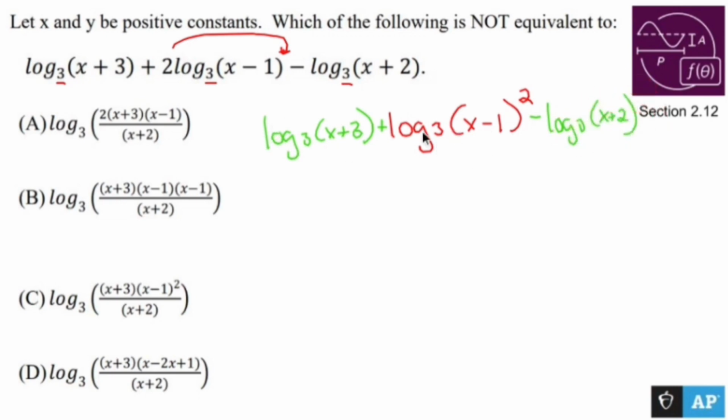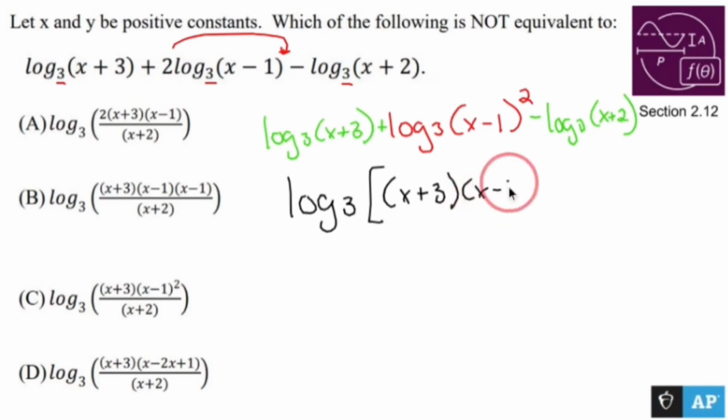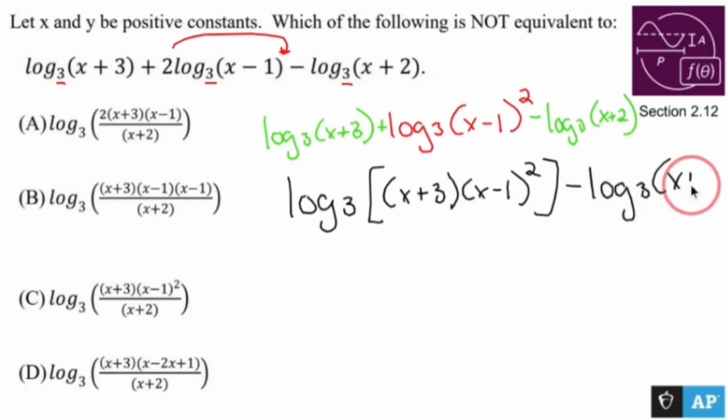Now we can deal with these guys that are combining through addition. When you add 2 logs of the same base, you multiply the insides. So this guy becomes log base 3, and let me add these brackets, of x plus 3, x minus 1 squared. And then on top of that, we're subtracting log base 3 of x plus 2.